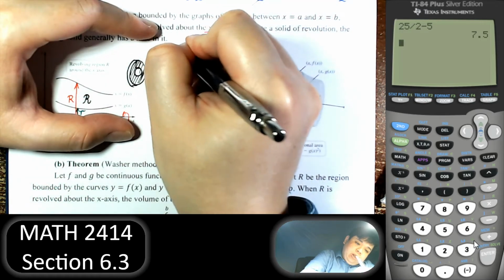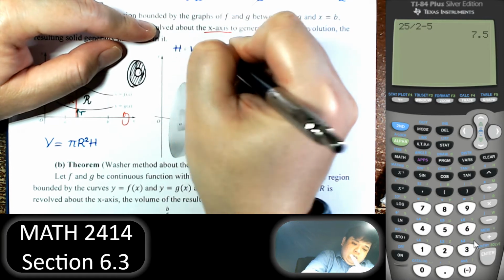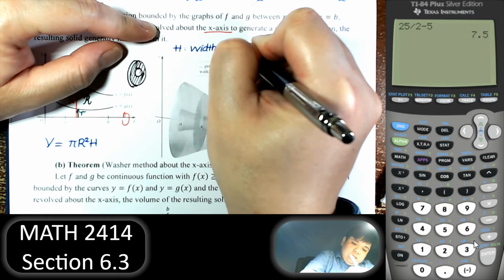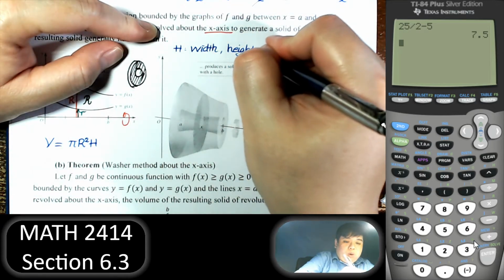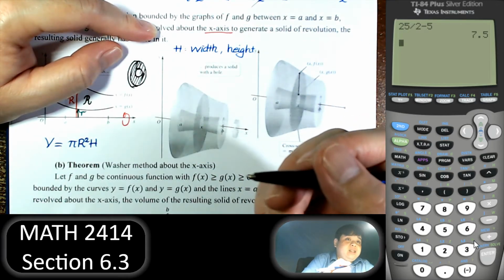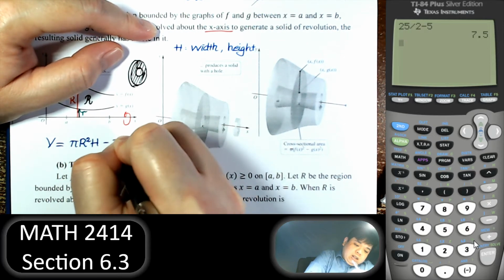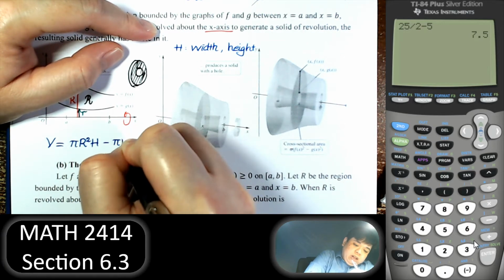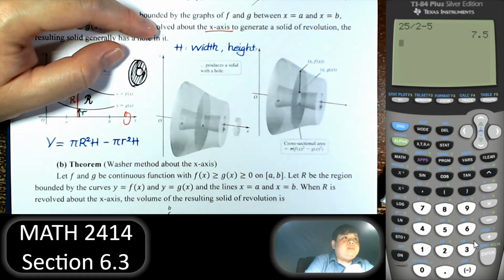So let h be the width or the height of the cylinder or the height of a disk, or in this particular case we just have dx. So the volume is going to be that minus the volume of the little hollow region.